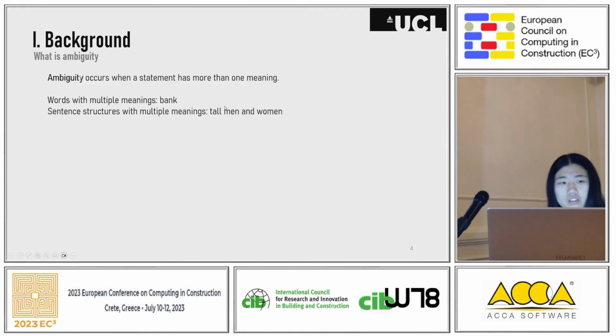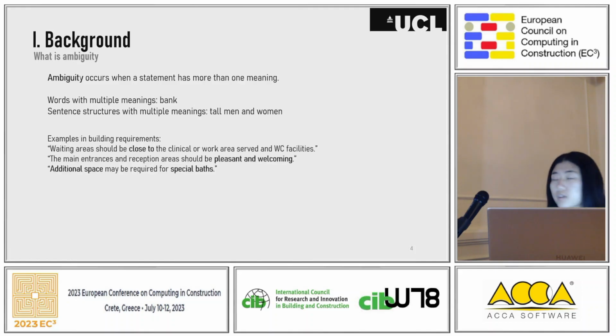That's the general example, but in the context of building requirements, the first example is: waiting areas should be close to the clinical or work area served and the WC facilities. The "close to" here is ambiguous because there are multiple interpretations of it, and we can say 2 meters is close or not close.